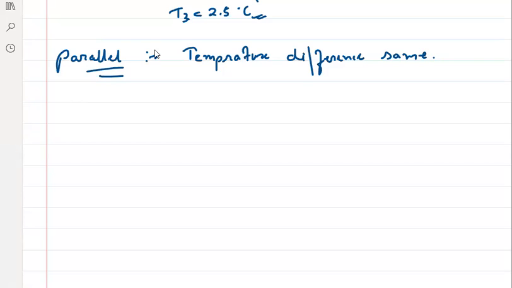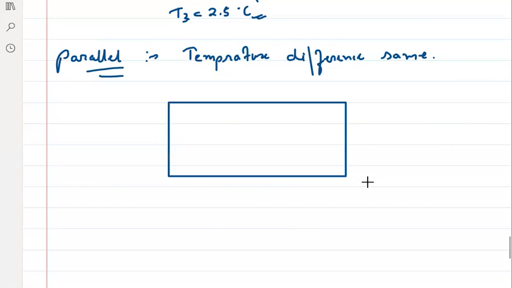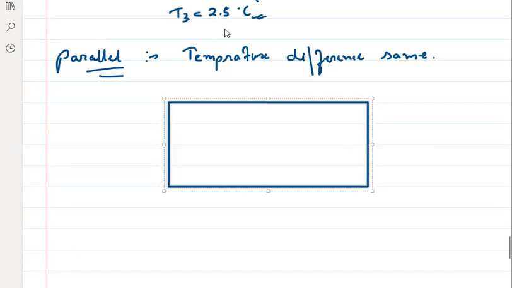Now, think about it. Suppose I'm having this connection, something like this. So we have these two rods, right?